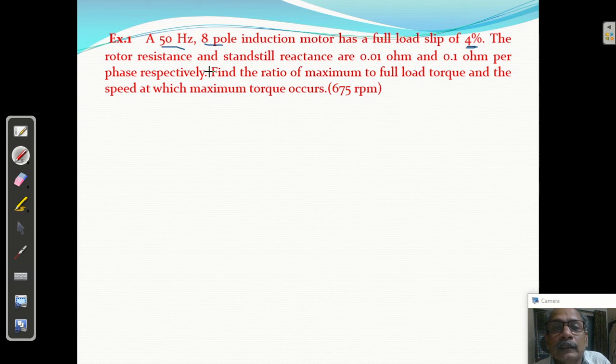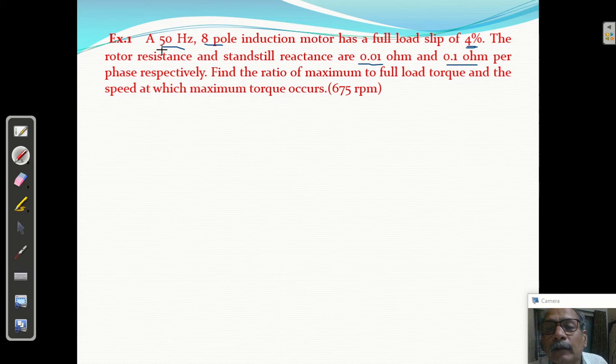The rotor resistance and reactance are 0.01 ohm and 0.1 ohm per phase respectively. Find the ratio of maximum to full load torque and the speed at which maximum torque occurs.